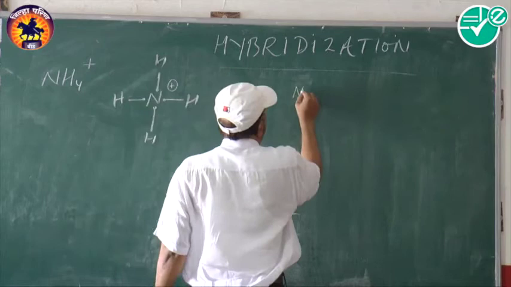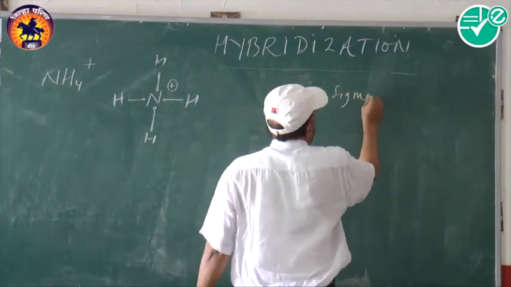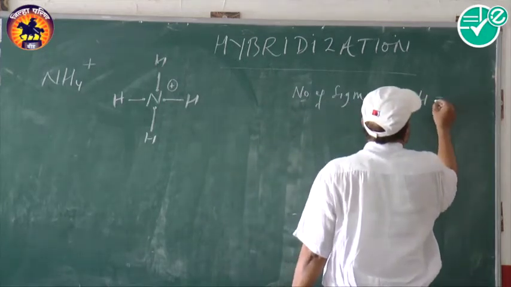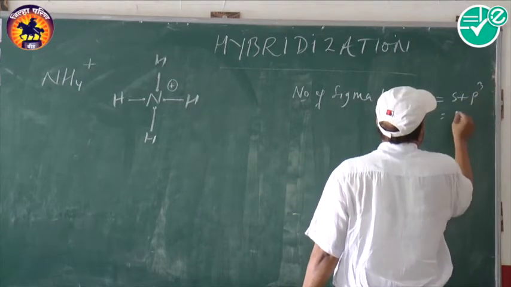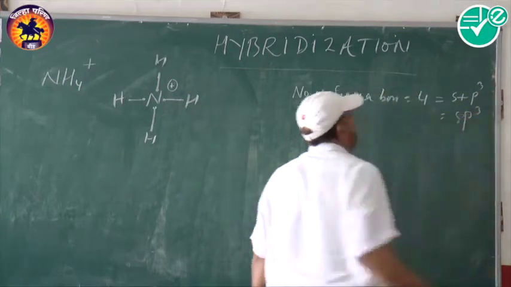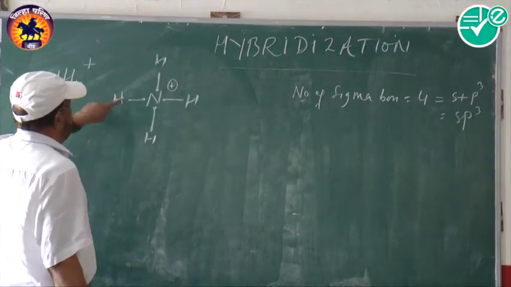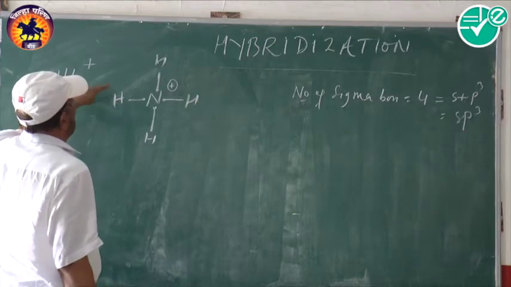Now the number of sigma bonds is equal to 4, that's why the hybridization is s plus p3, it is called sp3, very easy. Again see, in the ammonium compound, N is the central atom, there are 4 bonds.